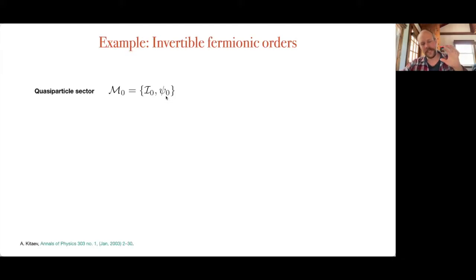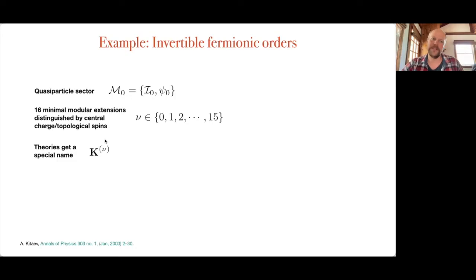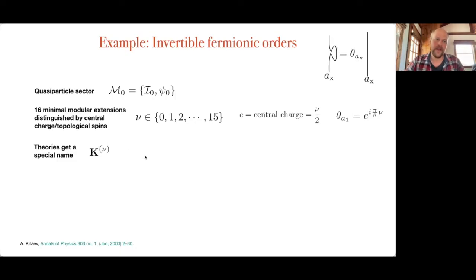And then in order to get the full fermionic modular tensor category, we need to add vortices to the theory. And so as mentioned on the previous slide, there are 16 ways to do this. And I'll sort of characterize them just in a second.